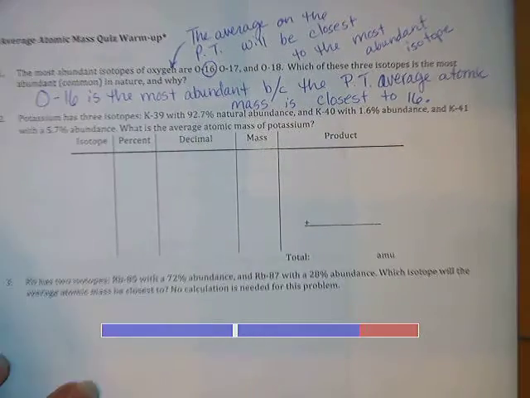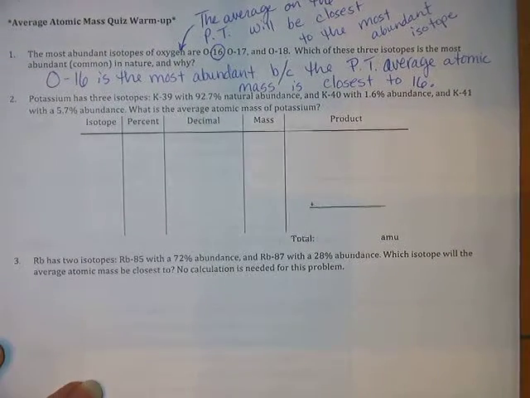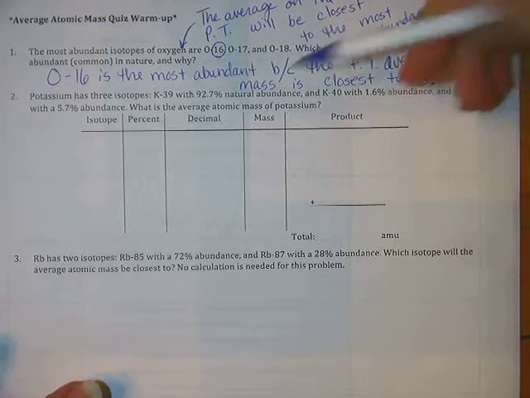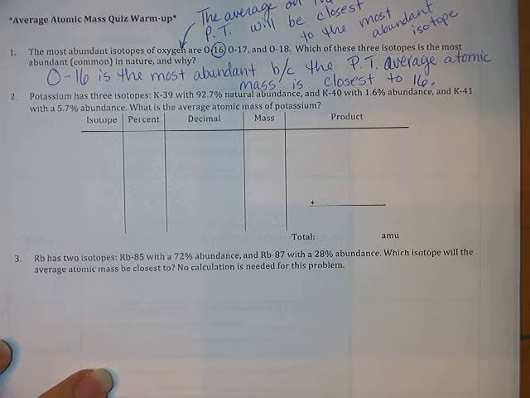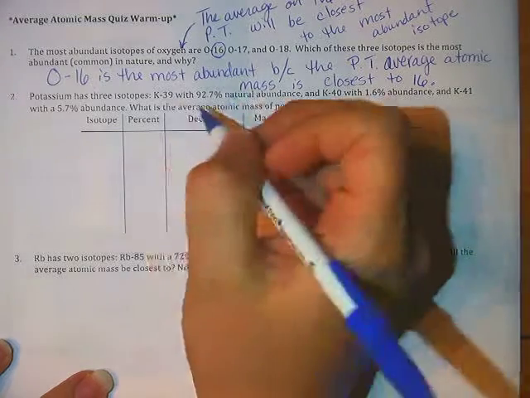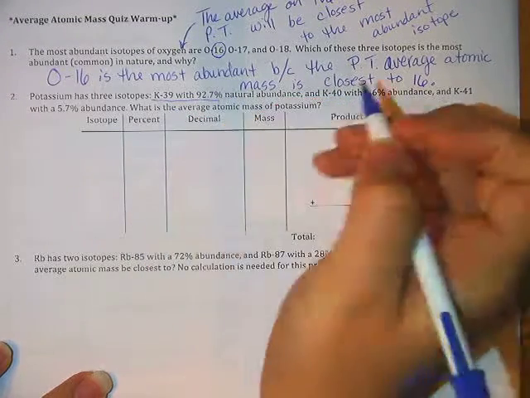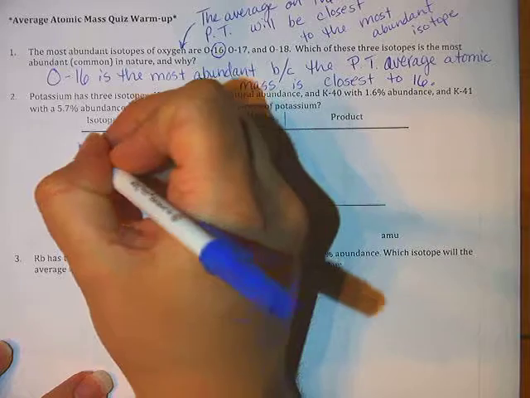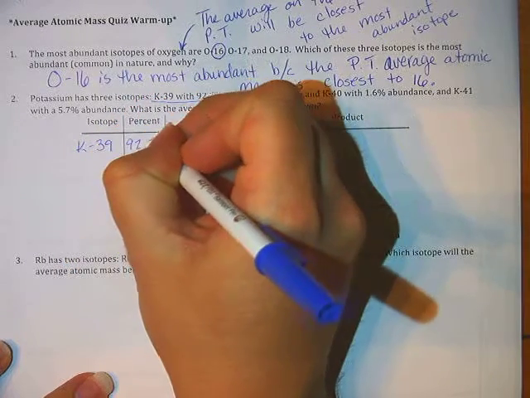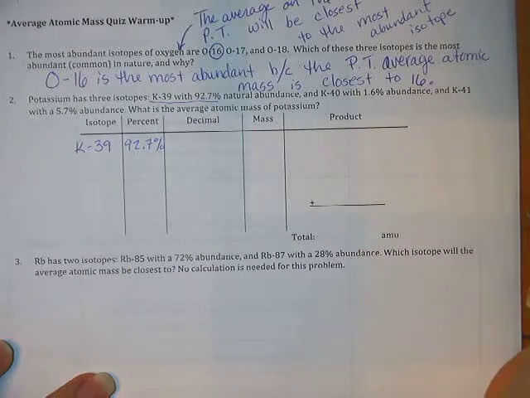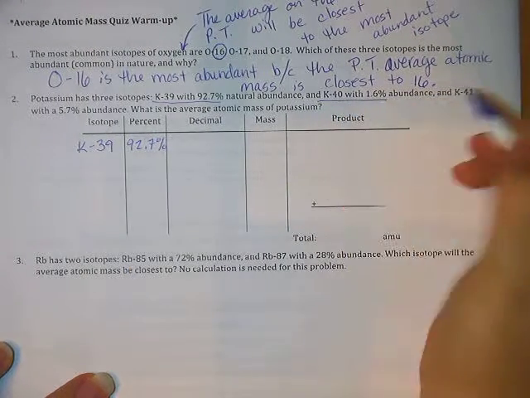Looking at number 2, there's a chart that is not filled out, and it wants you to find the average atomic mass. So first you're going to have to fill out the chart. We have K-39 is 92.7%. So that's one isotope and its percentage. K-40 is 1.6%.